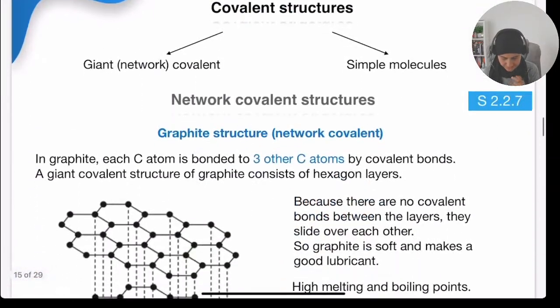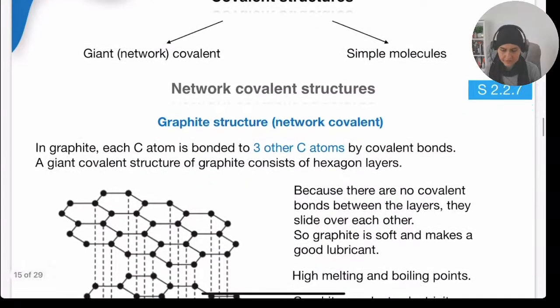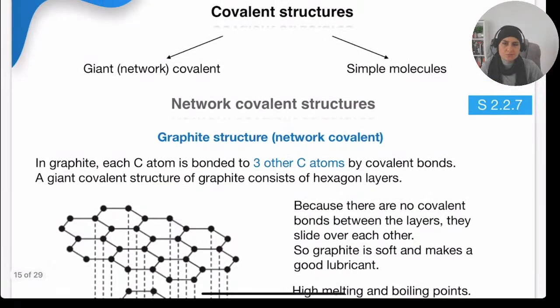Right, next let's talk about covalent structure. So we're like halfway through. Remember how for ionic substances we said that they can only be giant ionic? Well, covalent structures could be either giant covalent, or network covalent, or simple molecular. So for ionic, no options, just giant ionic lattice. Network covalent structures, you just need to memorize what they are.